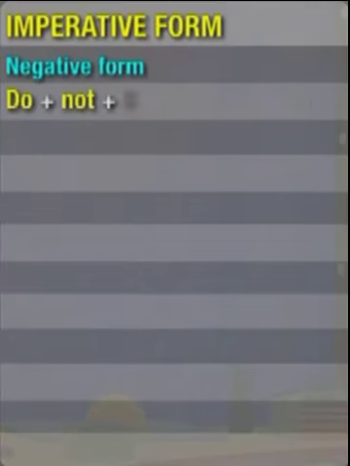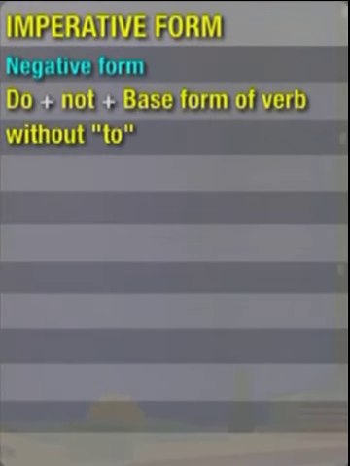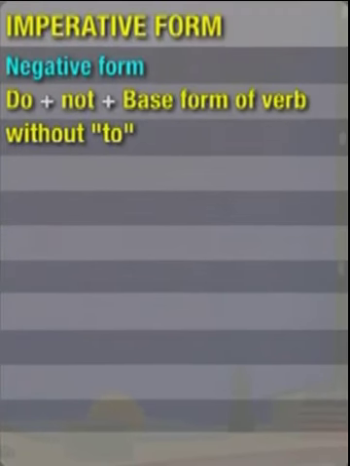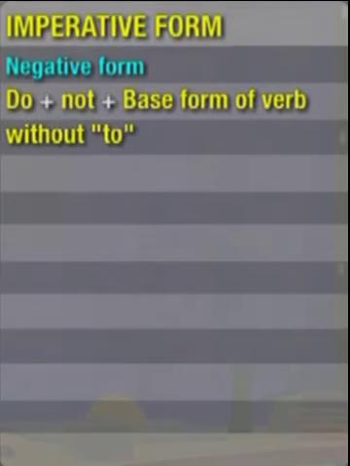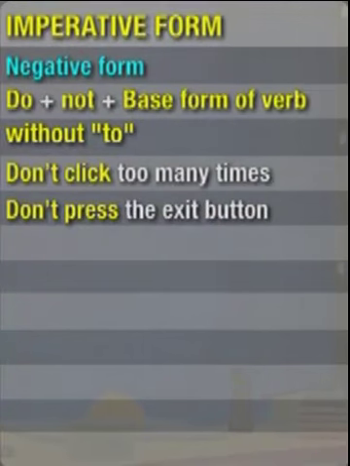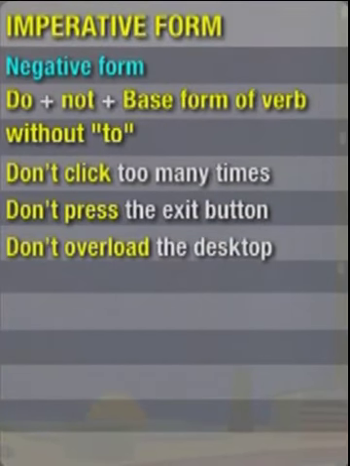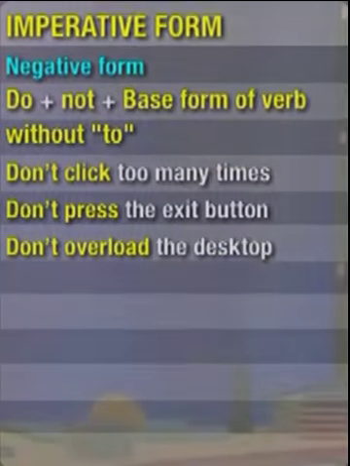Now, if you want to use the negative of the imperative, we say do not, which is contracted as always in English, and we say don't click too many times, or don't press the exit button, or don't overload the desktop. Okay, so this is the negative.